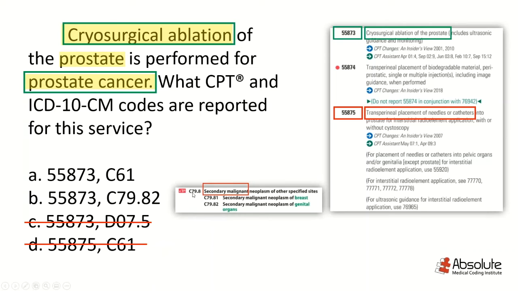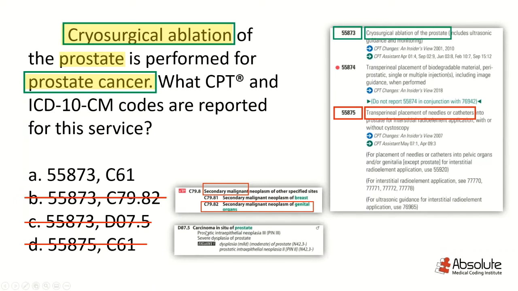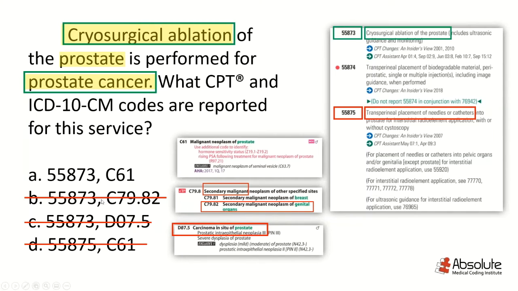So C79.8 is a secondary malignant neoplasm of the genital organs. And then we have carcinoma in situ of the prostate; that's for that one, so that's why that one's not there. This one is the one we're looking for. It's not secondary malignant neoplasm of the genital organs. Specifically, we have malignant neoplasm of the prostate.